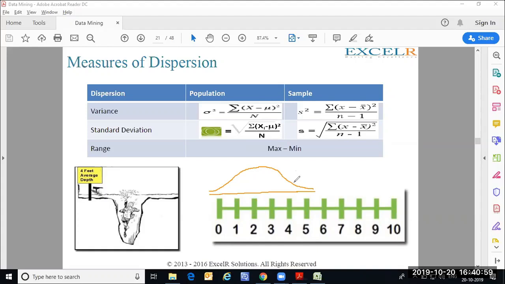Let's say this is how the population is distributed. Let's say it is normally distributed. The bell curve is nothing but the normal distribution. When the data is normally distributed, you will have the mean exactly in the middle, because there are no outliers in the normal distribution, right? This is mu.